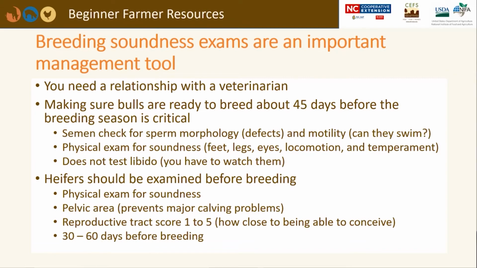Now, this ranges from 1 to 5, 1 being a heifer that may never come into heat, may never have any sexual development, and 5 being one that is actively cycling. This needs to be done, again, 30 to 60 days before breeding to allow us time to make management decisions.